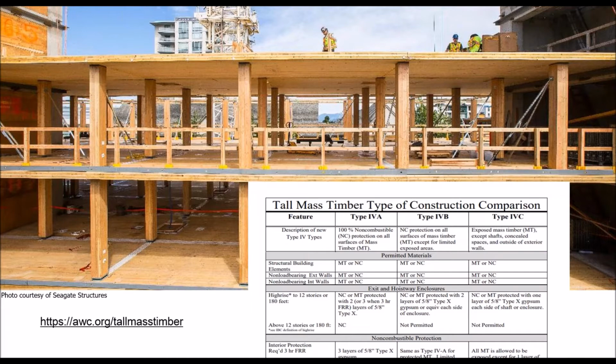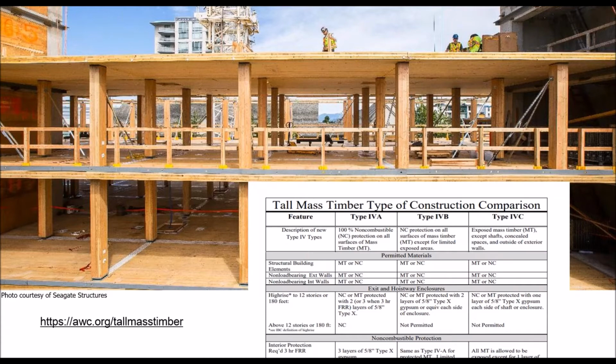And there's, like I said, multiple webinars that AWC has done and will be doing talking about these building types as we lead into the 2021 IBC. But the fire resistance rating requirements range from 1 to 3 hours with various levels of non-combustible protection required.